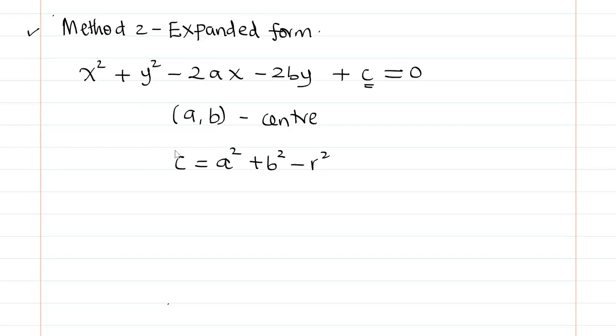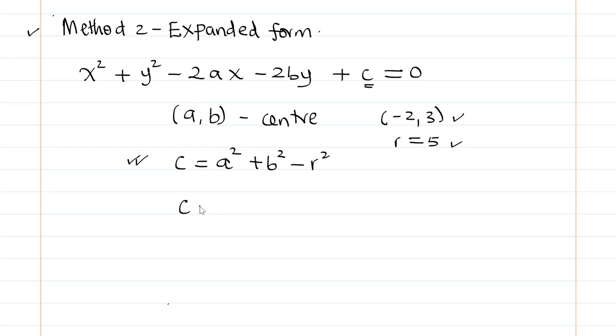What do we need to do here? Remember, we have our center as (-2, 3), and we have our radius, which was given as 5 units. So since we have the center, it means we have a and b. What we need to find now is c. How do we find c? We use this formula to find c.